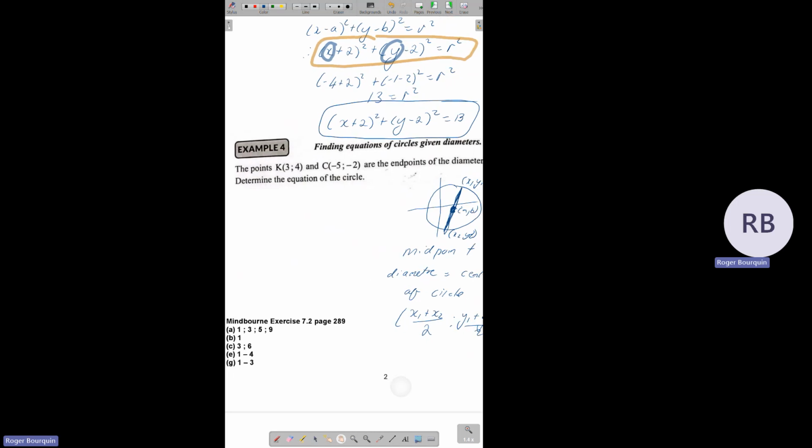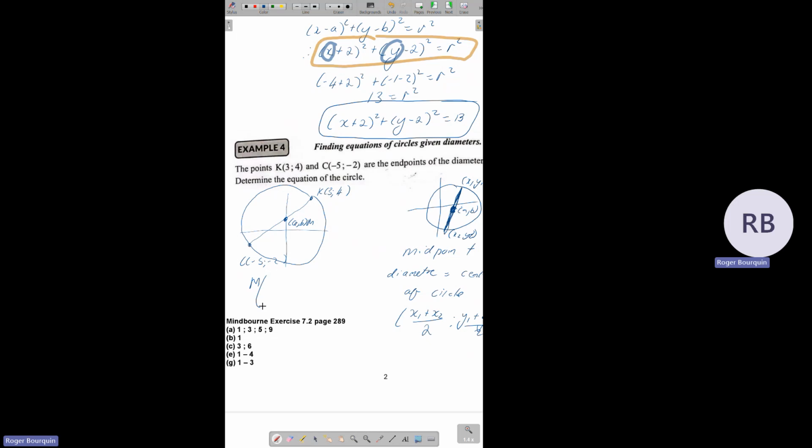Right, so in this particular question, you've got the point K(3, 4), which would be somewhere there, and C(-5, -2), and this is a diameter of some circle. So the circle would be something like that. Now the key idea is the center of the circle is the midpoint of that line. So to find the equation, we're going to need the center of the circle.